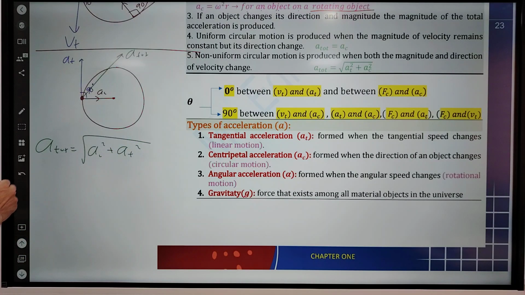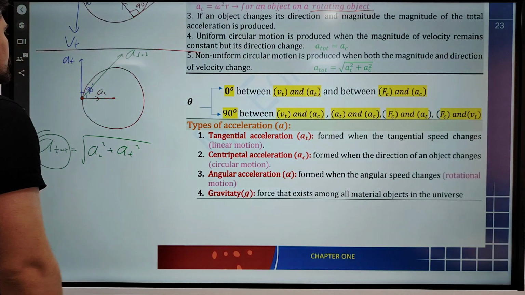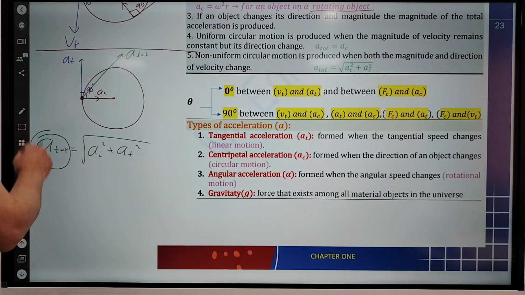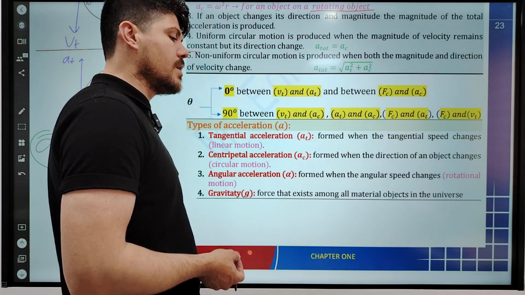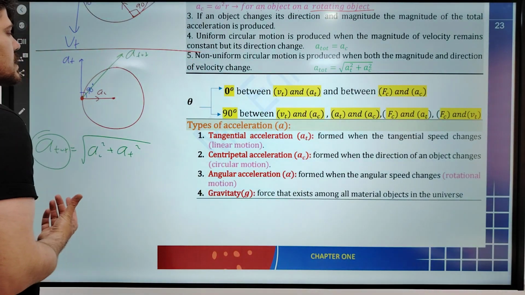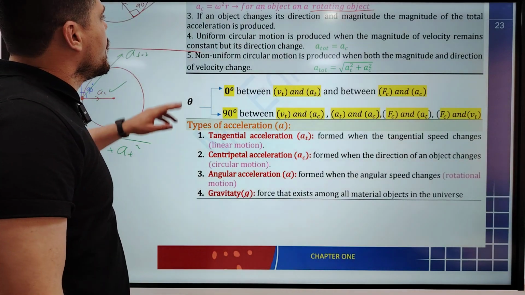When can this equation be used to find the total acceleration? When the object's speed is changed, when the speed is not constant. In that case, when the object is moving in a circular path with varying speed, it has both types of acceleration, centripetal acceleration and tangential acceleration.